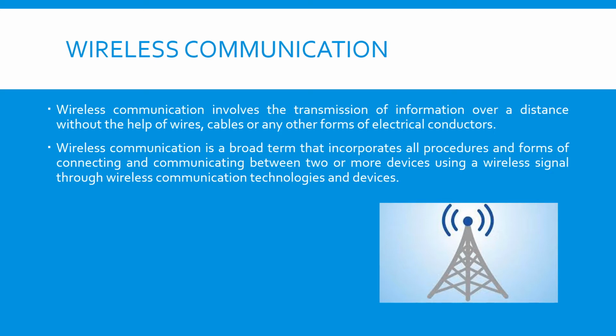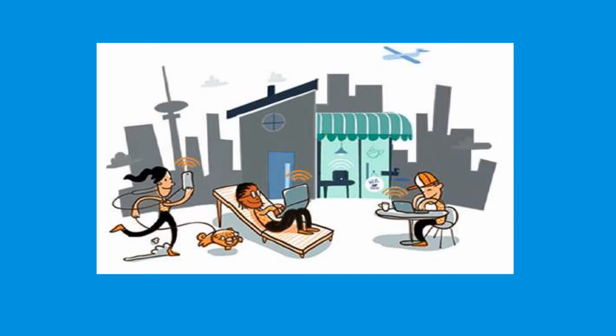There is no physical connection between the two devices. And second thing, it involves the devices which support the wireless communication technology. That means the devices should be capable of receiving and sending the wireless signals. Now, as you can see in the picture, we have so many devices which could be connected through the wireless medium.